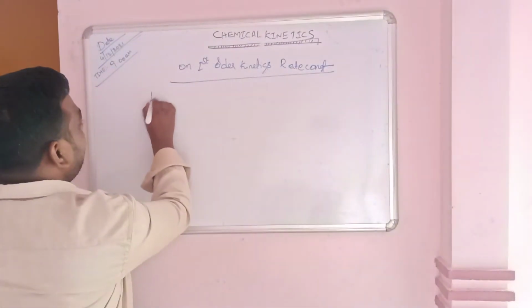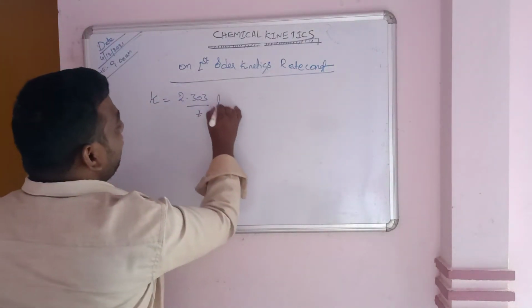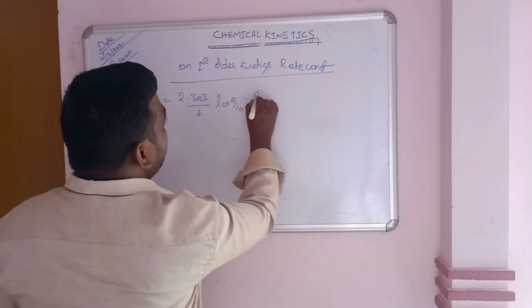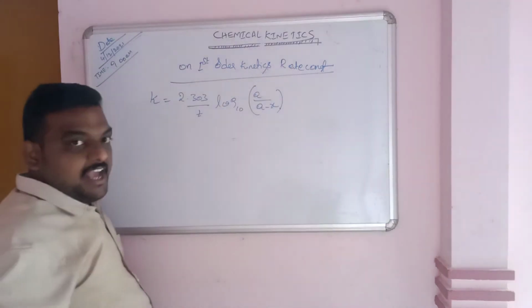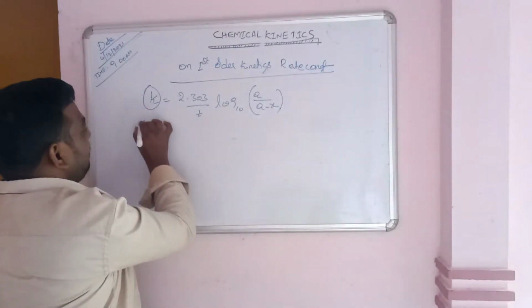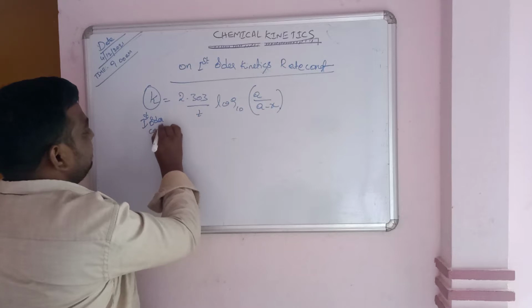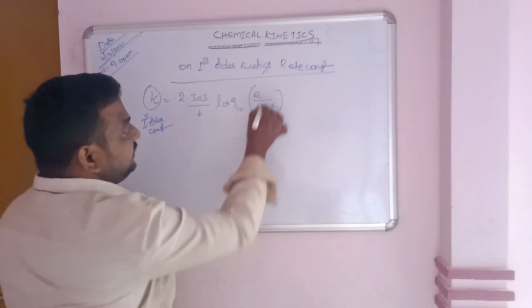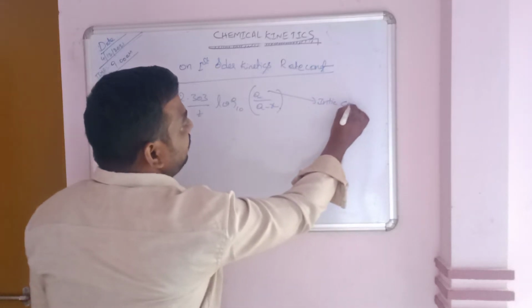K is equal to 2.303 by T log 10 base A by A minus X, where K is the first order rate constant. A is the initial concentration of reactants.